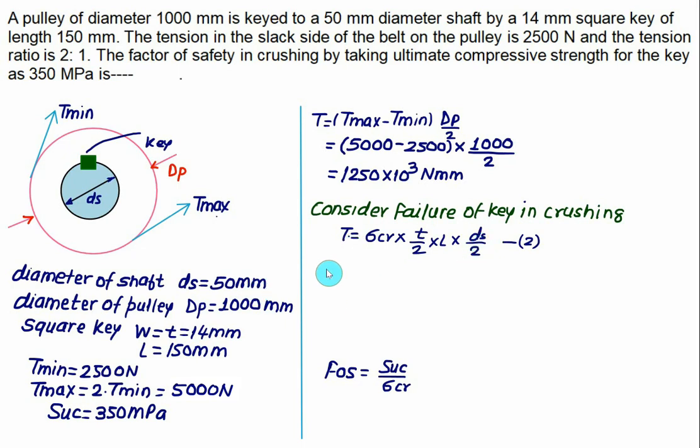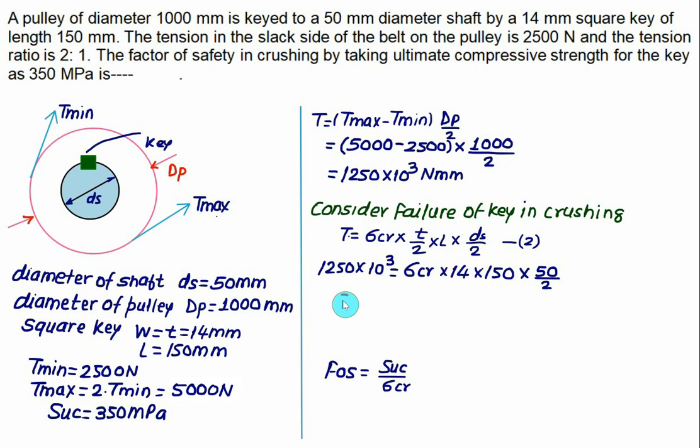So we have torque equal to 1250 into 10 to the power 3, equal to sigma crushing, which we are interested in, multiplied by thickness T equal to 14 mm, length L equal to 150, diameter of the shaft equal to 50, divided by 2. From this we will get the value of sigma crushing.